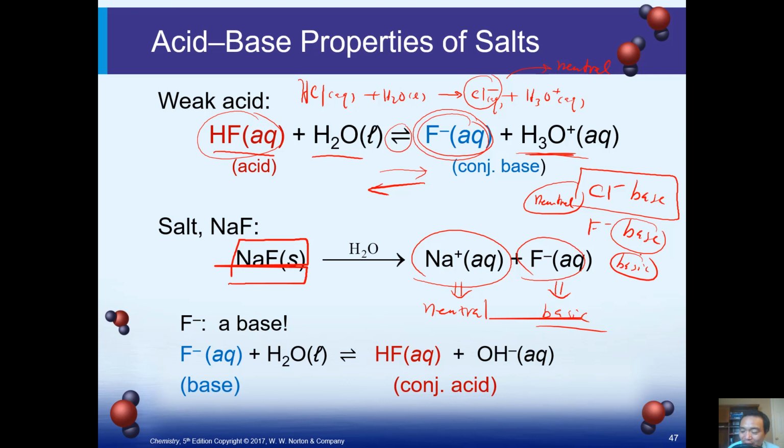So when you dissolve NaF in water, it serves as a base with Na plus being neutral. When you write the equation for this, you write F minus only. Do not include the neutral portion. It reacts with water and generates HF and hydroxide. Remember, hydroxide is why a solution will display basicity. Hydronium is why a solution will display acidity in water.